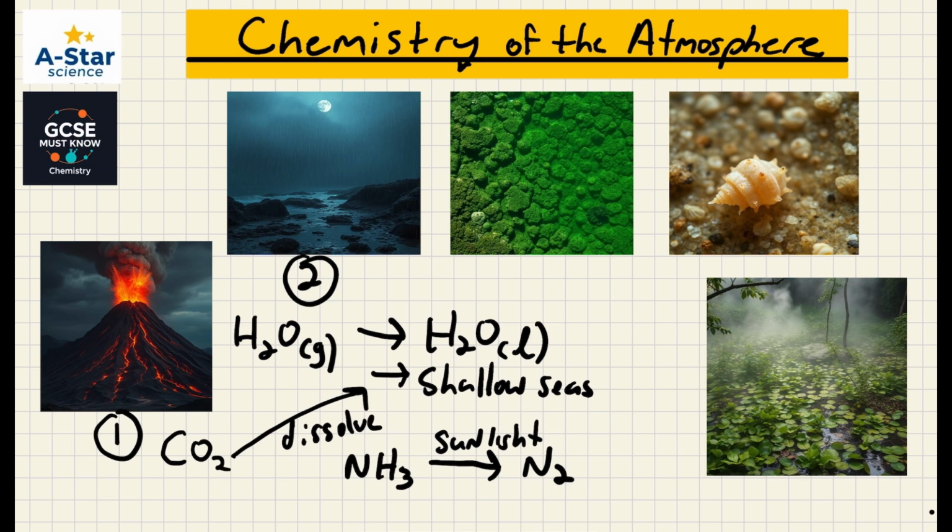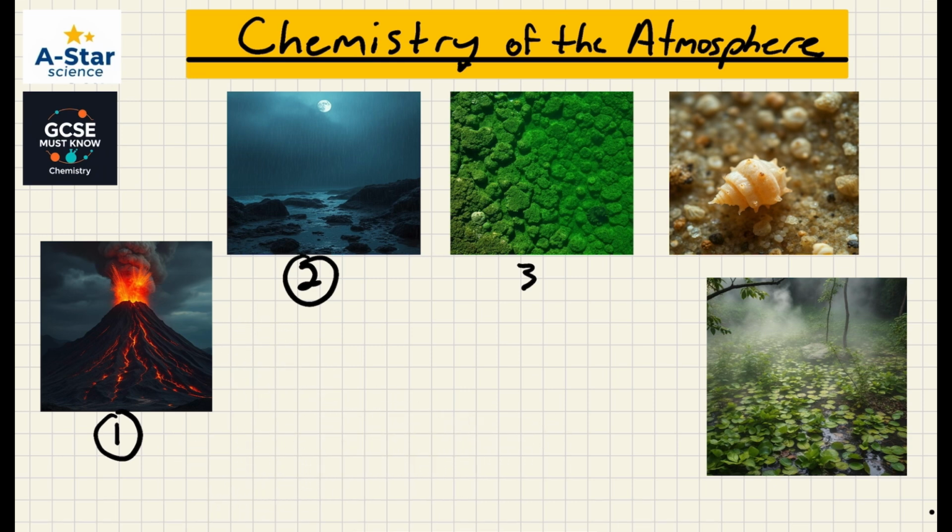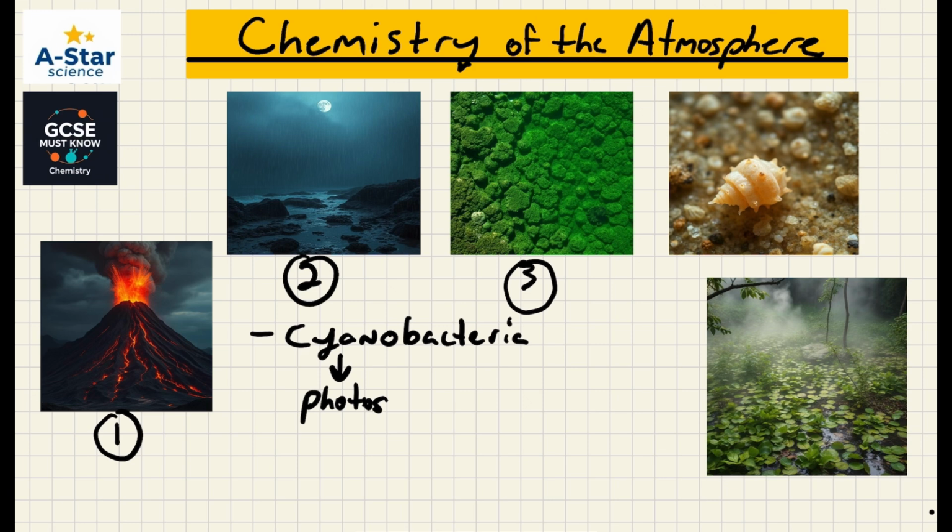Now, what's happening in stage 3? Scientists believe that in the shallow seas we talked about before, that formed when the atmosphere cooled down, eventually life started to form. The earliest life forms, they believe, were cyanobacteria and other types of bacteria. Now, cyano means blue-green, and these blue-green bacteria were able to photosynthesize.